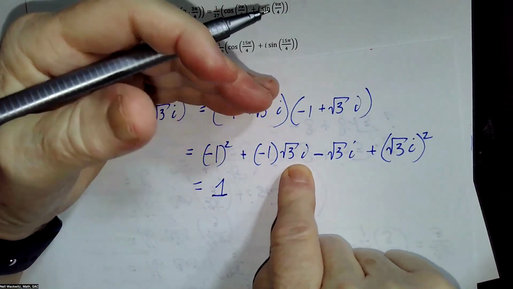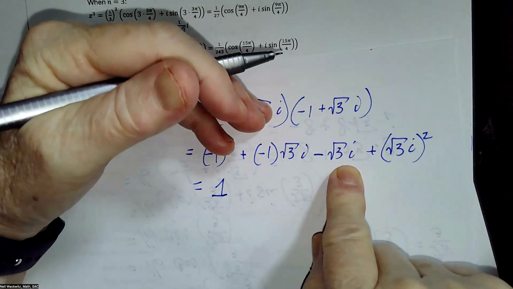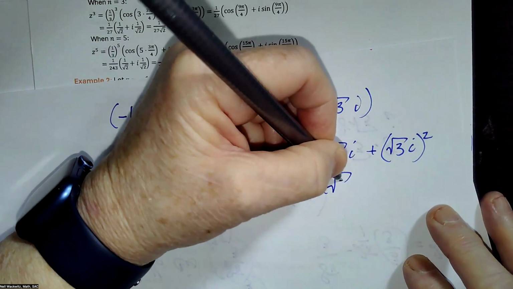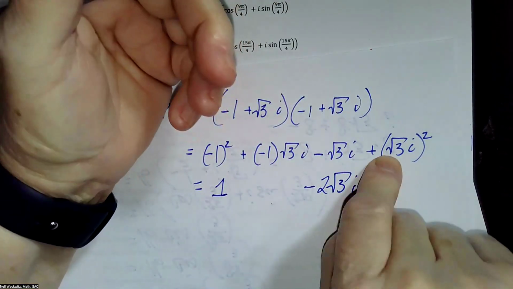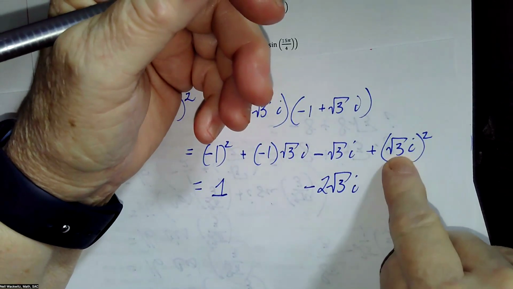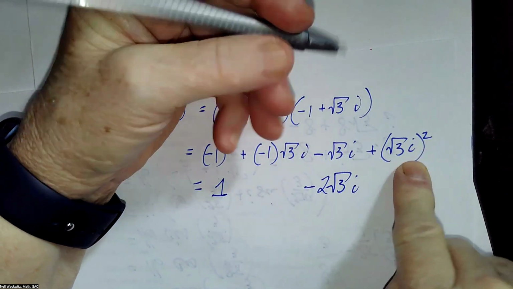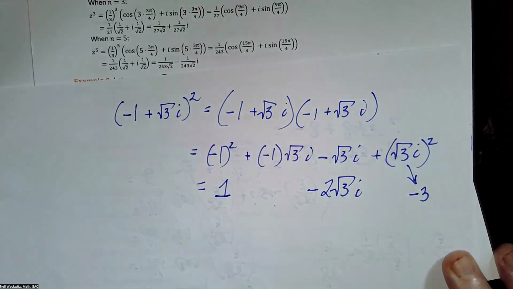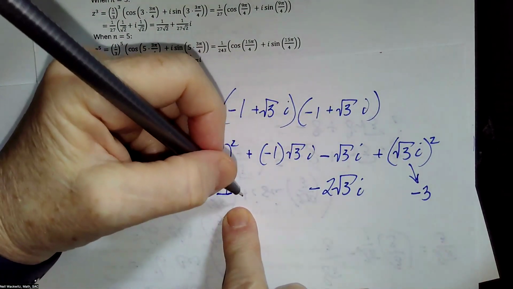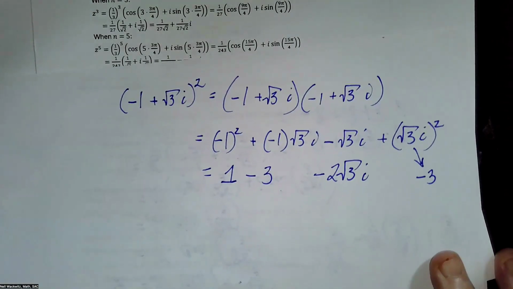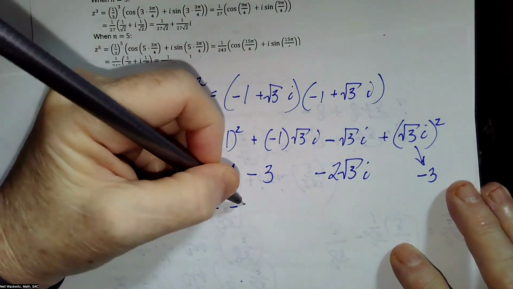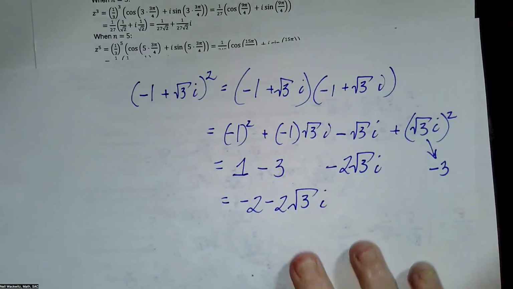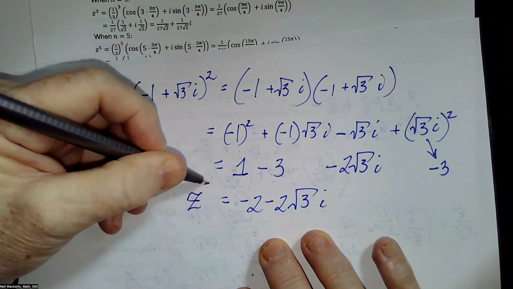I've got a negative square root of 3i minus another square root of 3i, so this is minus 2 square root of 3i. Square root of 3 squared is 3, and I squared is negative 1. So this is negative 3, and I'm going to move that up front. So we get negative 2 minus 2 square root of 3i for z squared.